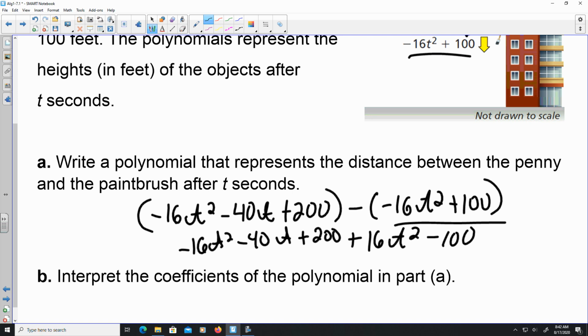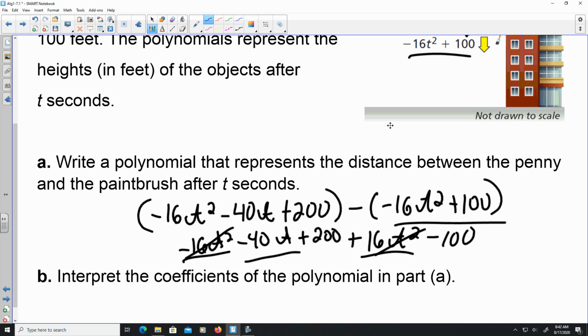All right, my largest degree in this case is t squared here and here. They just so happen to be opposites because one's negative 16, one's positive 16. So essentially, they just cancel each other out. I'm not going to write down 0 because there's other stuff that I can put in here, but if there weren't, I would have to put 0.